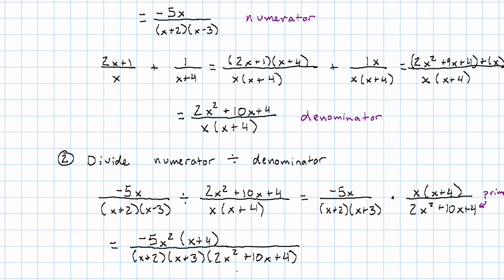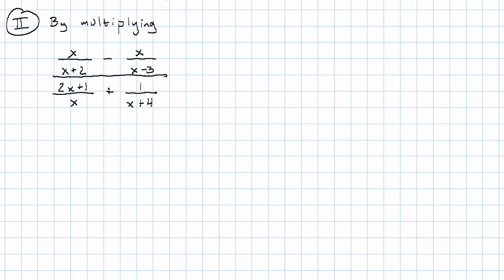Now, we will get the same result if we decide to multiply our numerator and denominator by that LCM. Remembering that our LCM is just the product of all of these denominators.